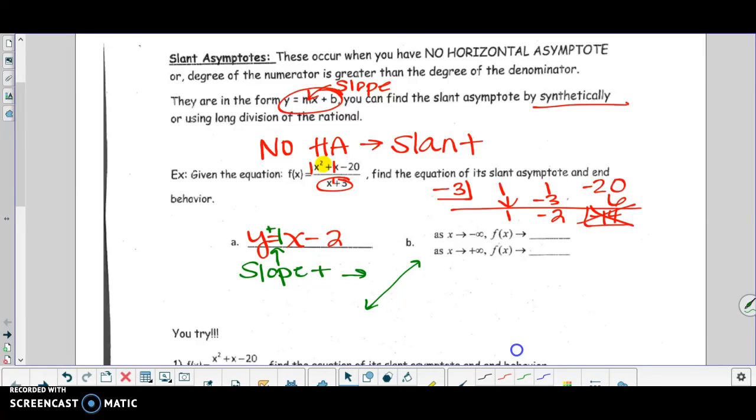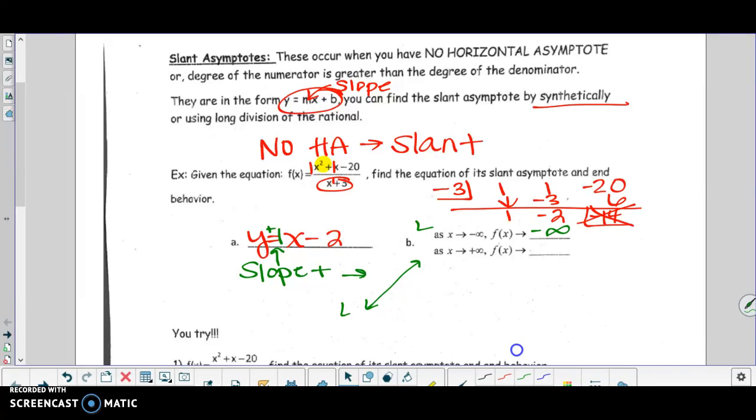That is what tells me my end behavior. Since I don't have a horizontal asymptote, it's not going to a number. It's either continuing down to negative infinity or up to positive infinity. As x goes to negative infinity, is that the left side or the right side? Left. Where is the left arrow going on my slant asymptote? Down, so the left side is going to negative infinity.